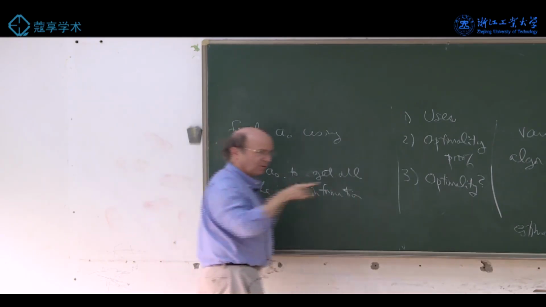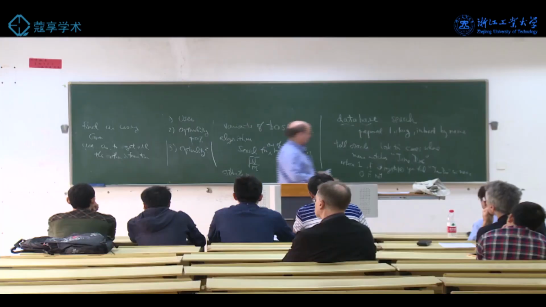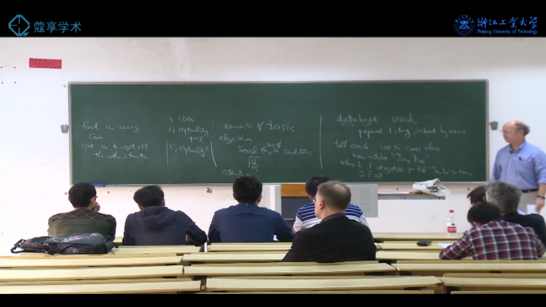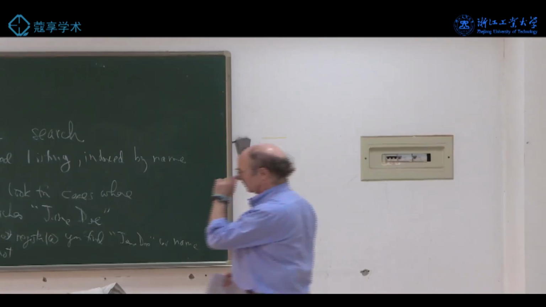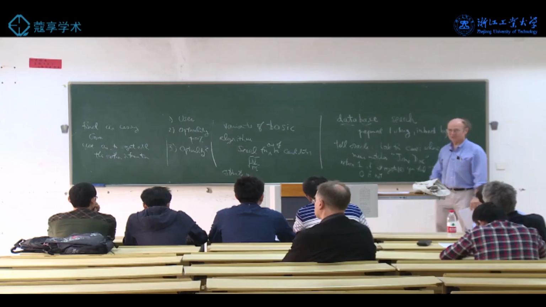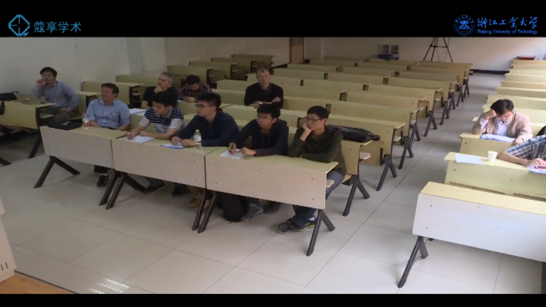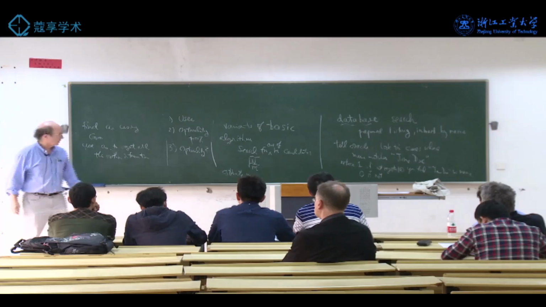We use A0 as a pointer now, and all the other information about Jane Doe becomes accessible. So that's database search. You have a huge database, you search on an identifying field, and then you can retrieve the other information.